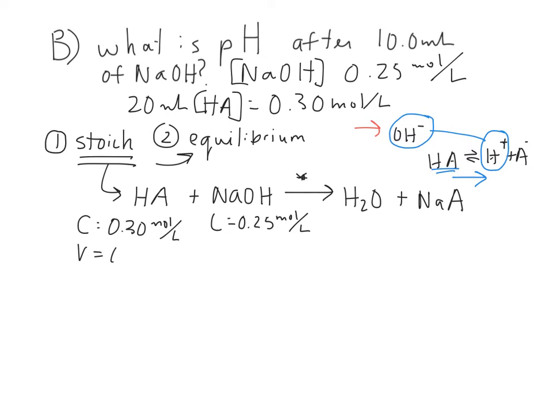I have a volume of 20 mils, or this many liters. I have a volume of 10 mils, or this many liters, okay? You're not at the equivalence point, and the reason that you know this is because it's a one-to-one reaction. You've added fewer mils at a lower concentration of base than what you have of acid.